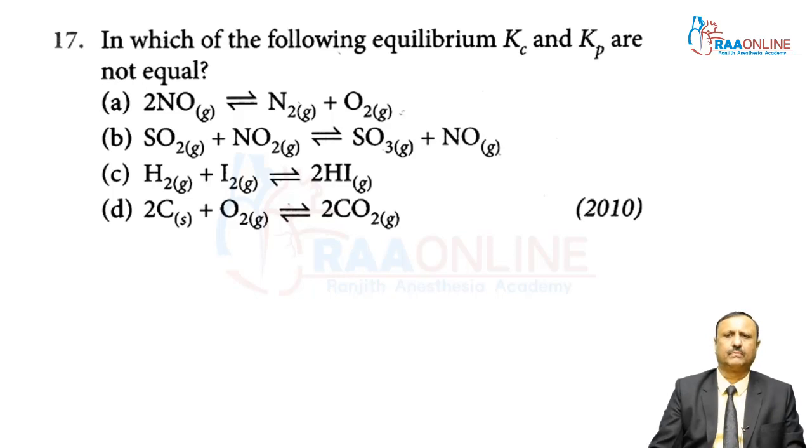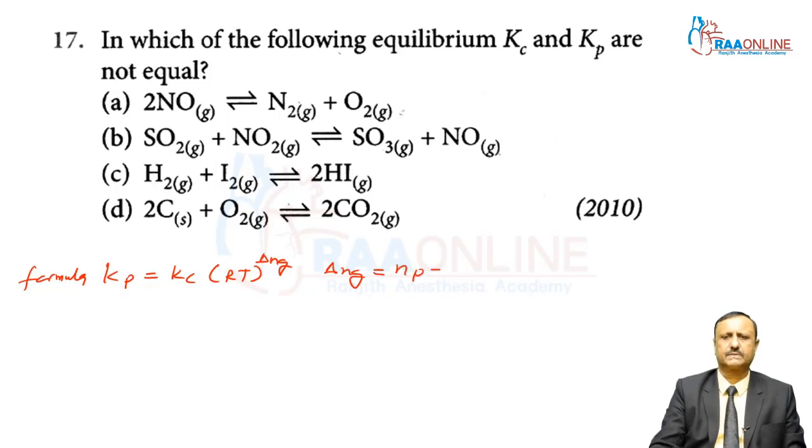In which of the following equilibria are Kc and Kp not equal? My dear friends, the formula is Kp equals Kc RT to the power delta Ng. You can see delta Ng is equal to Np minus Nr. So my dear students, when Np and Nr, the number of moles of products and reactants, are equal, then delta Ng is equal to 0.